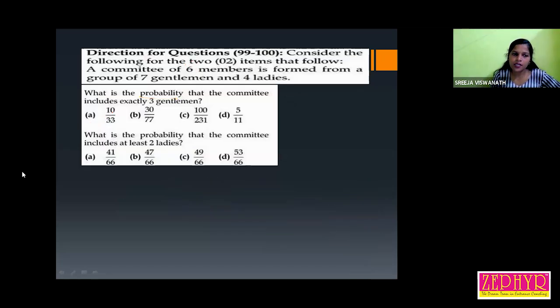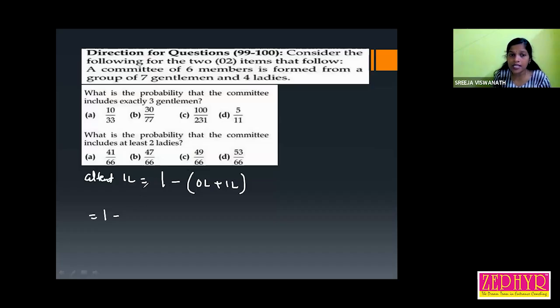So the next, at least 1 lady. That is total probability minus condition for 0 lady and 1 lady. That is 1 minus, what is a 0 lady? Then we need to take the 6 people from 7 gentlemen. 0 ladies means there is no ladies.